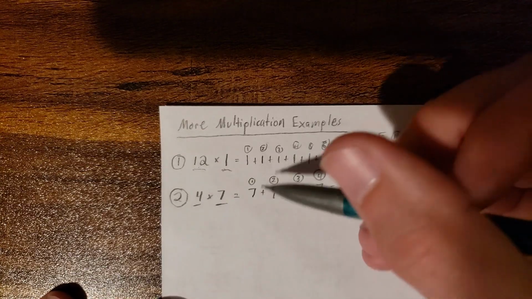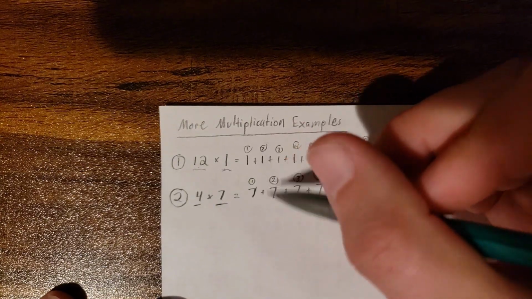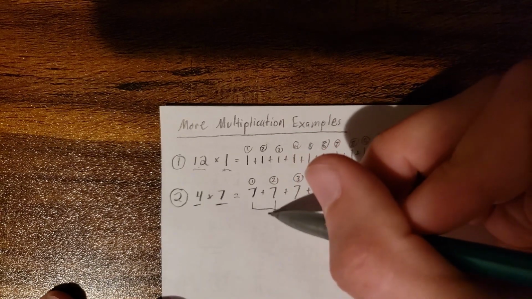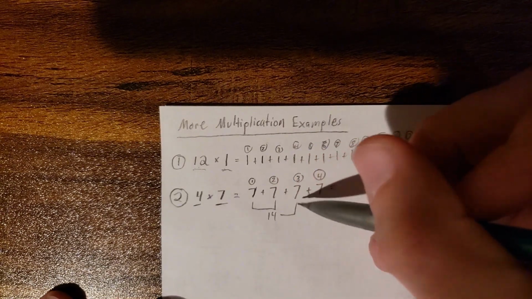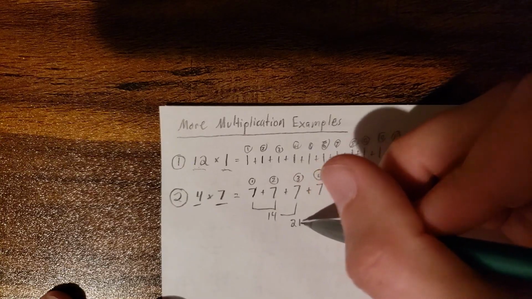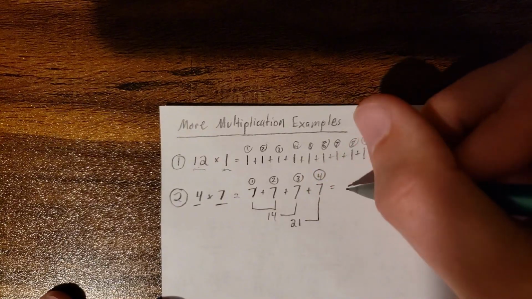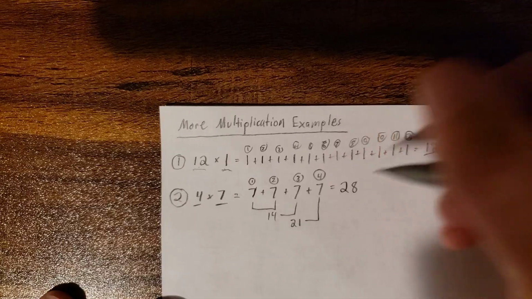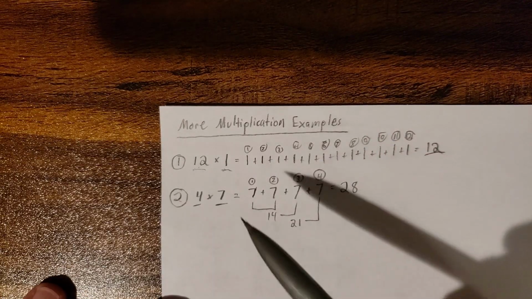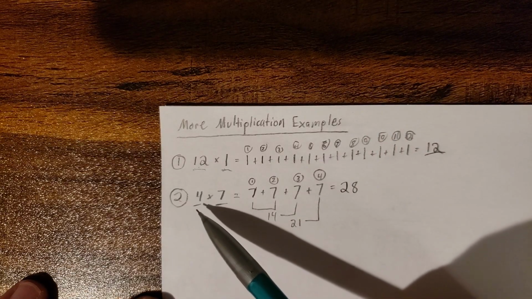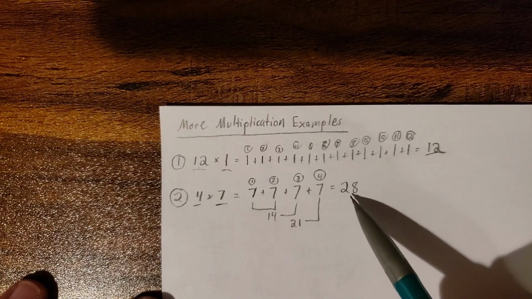So, starting this addition process, we'll have 7 plus 7 makes 14. 14 plus 7 makes 21. 21 plus 7 makes 28. So here we can see that 4 times 7 is 28.